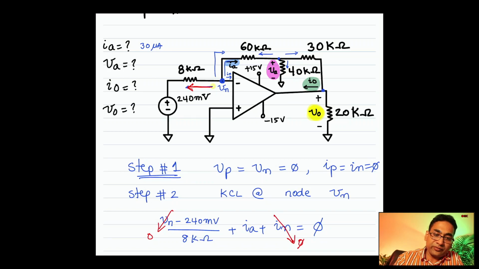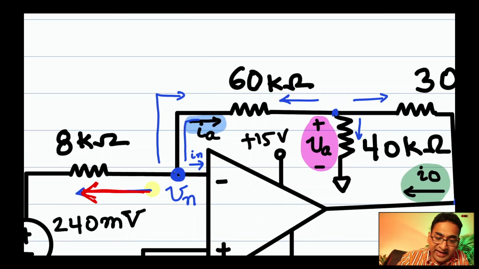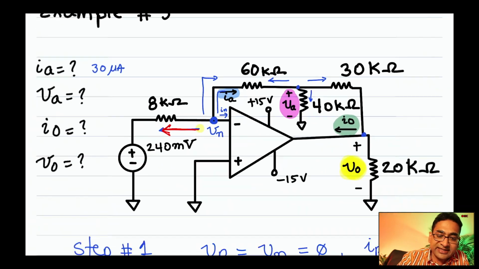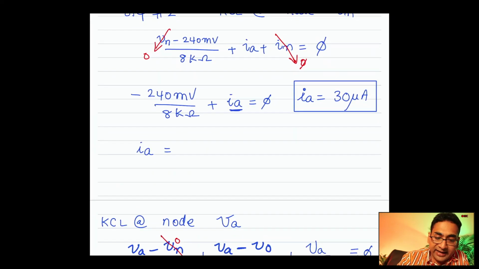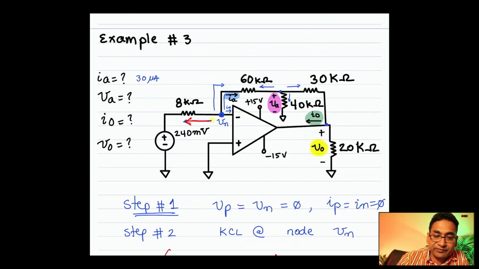We calculated the value of IA to be 30 microamperes. Now think about this, the same equation: we know the value of IA, which is simply Vn minus Va over 60 kilo ohms, right?